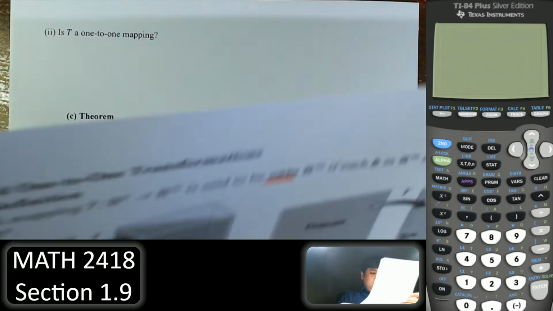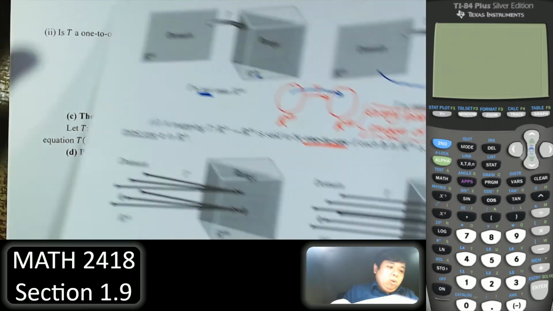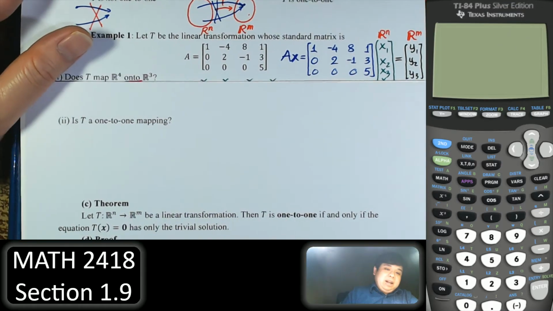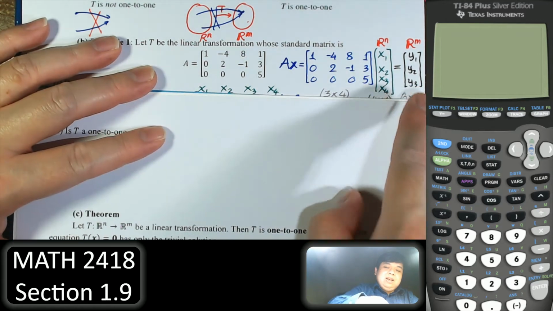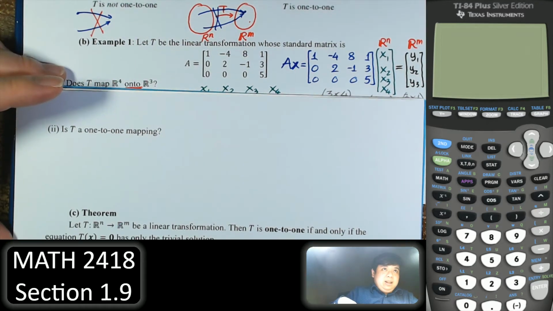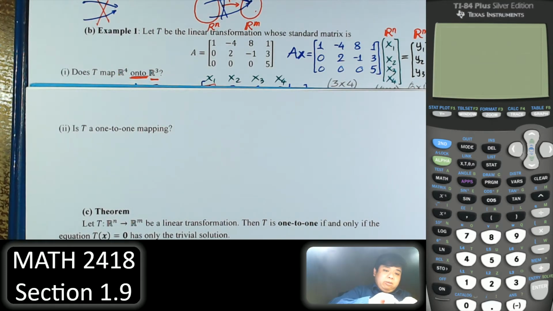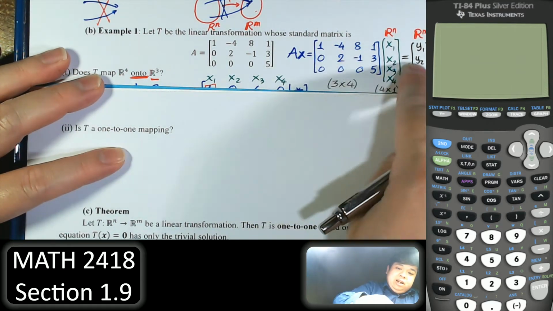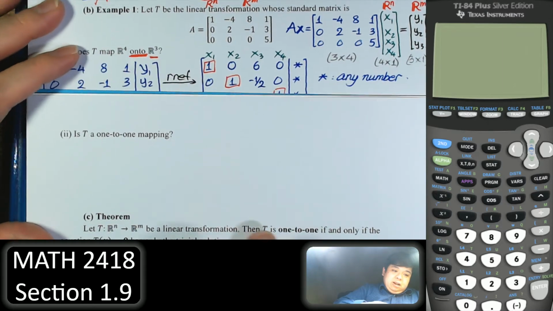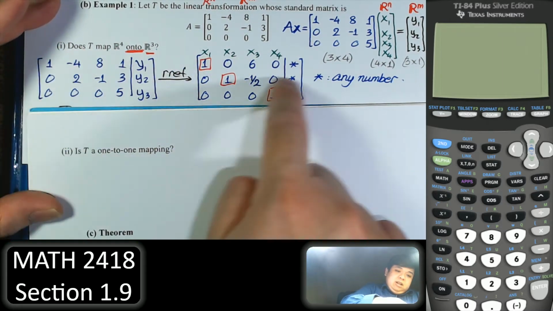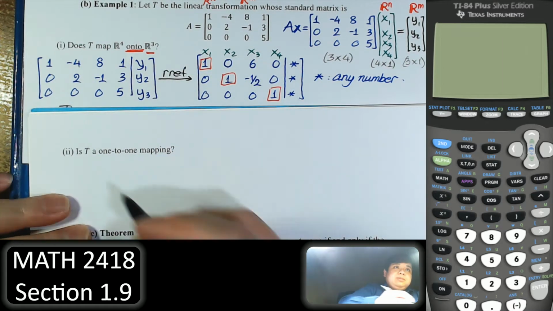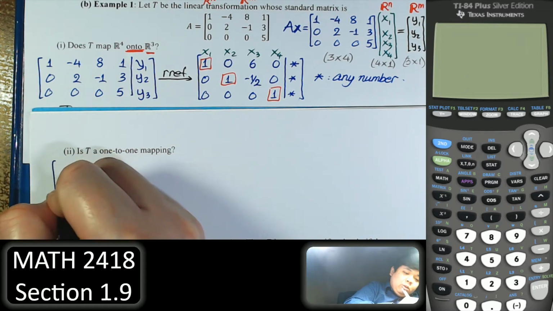Now, same thing. Is T a one-to-one mapping? So once again, we're going to write this matrix and do the reduced echelon form. We still have the same thing here, but I'm just going to copy this. So we have the matrix.